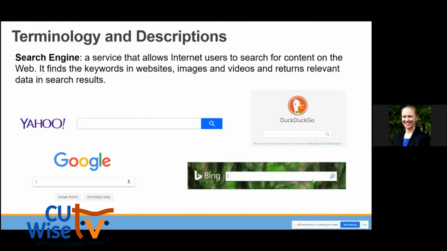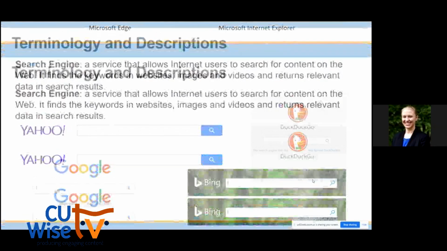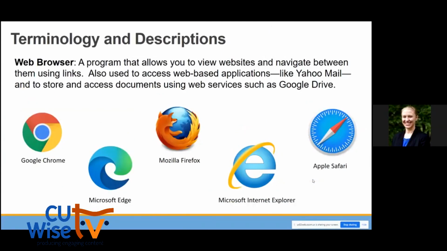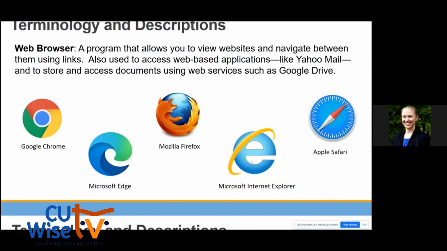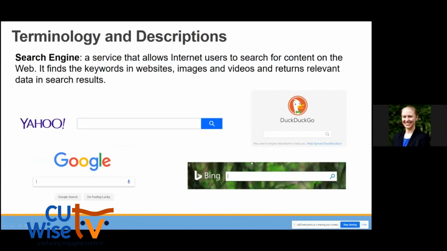So while Google is a search engine, you could use Internet Explorer or Mozilla Firefox, the two of these browser choices, to get to and use Google to search for something.